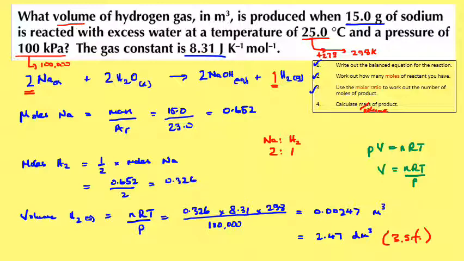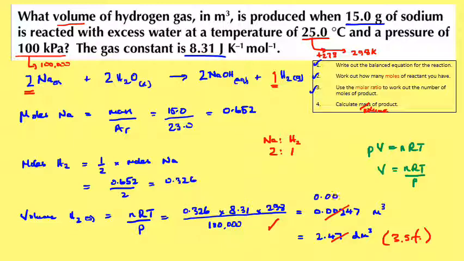Should we have a look at another one now? Sorry, before I do, let me just correct this maths. We're correct up to here, but this is wrong. These numbers are wrong, so something went wrong in my calculator.